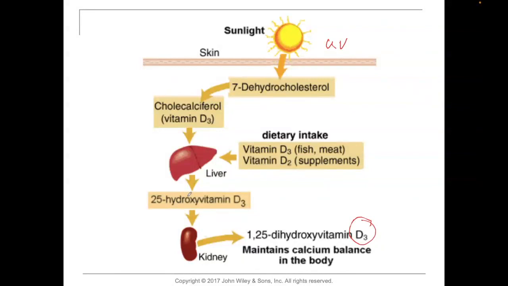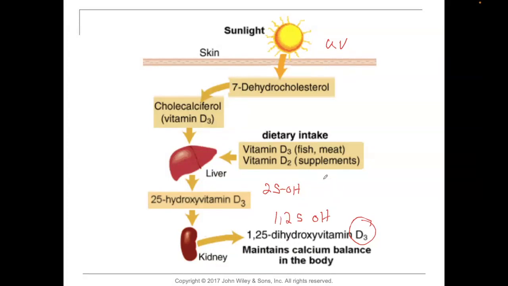So it's called 25 hydroxy vitamin D3, or it's called 25 OH. And then that 25 OH goes to the kidneys and produces 125 OH, or 125 dihydroxy vitamin D3. And this is involved in maintaining calcium balance in the body.